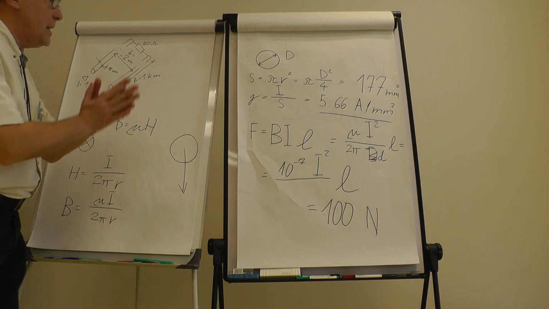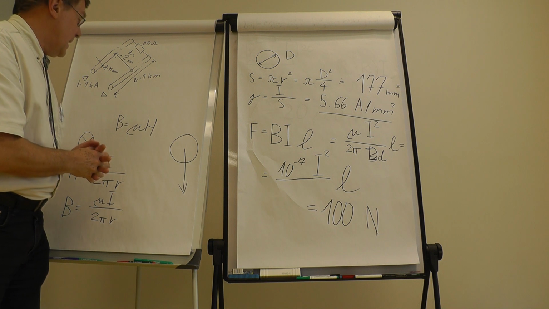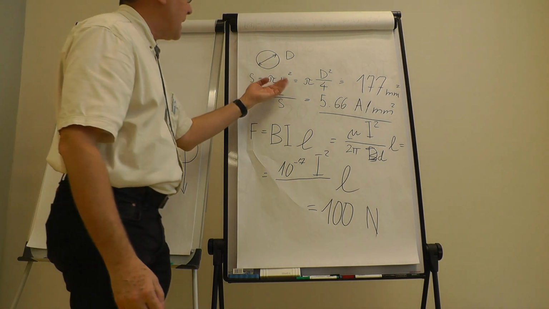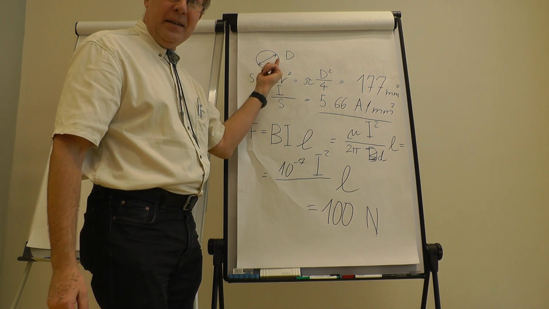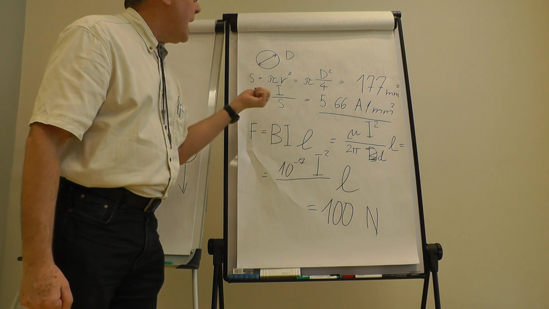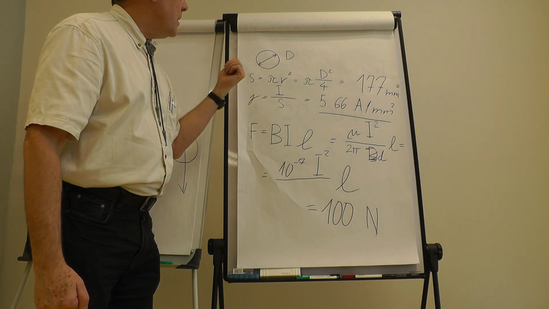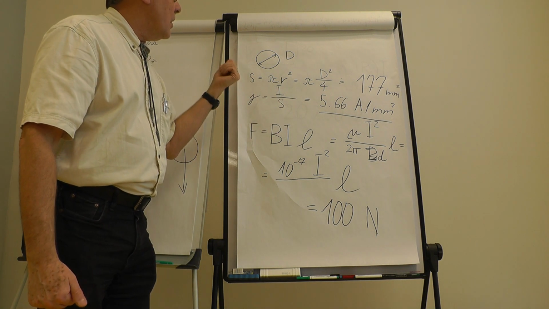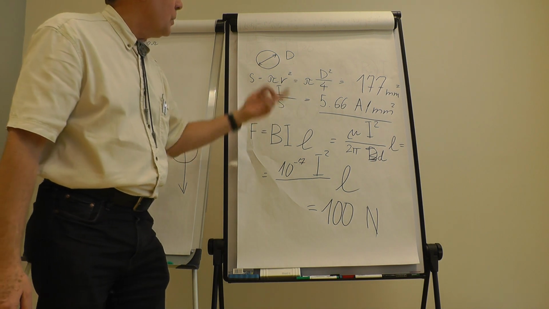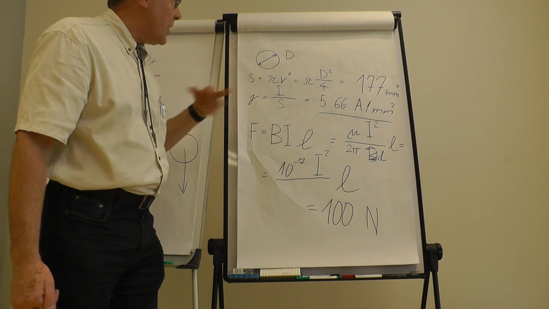So first, current density. In order to establish current density, we have to find out the cross-section of the wire. As this is DC, we have the current homogeneously distributed over the cross-section, so we need to know the current and the cross-section.